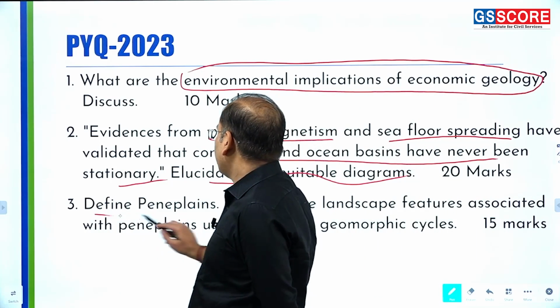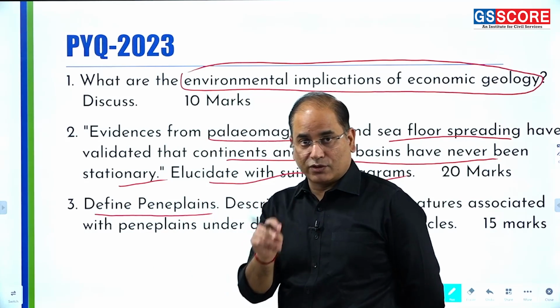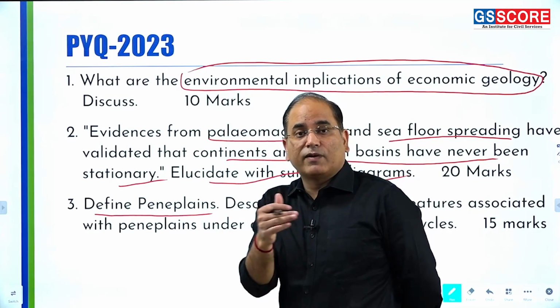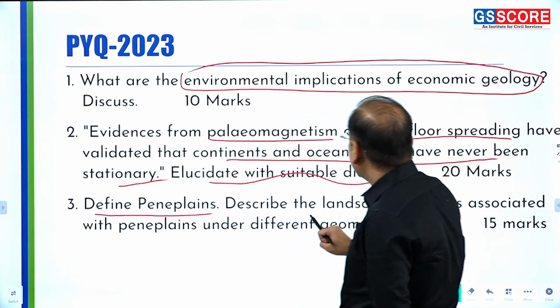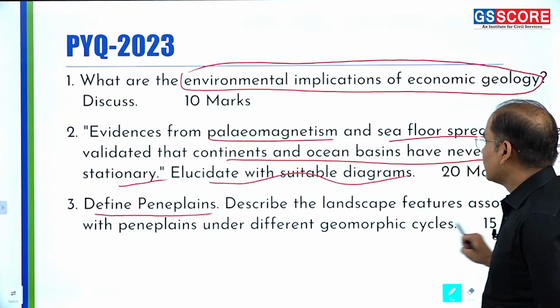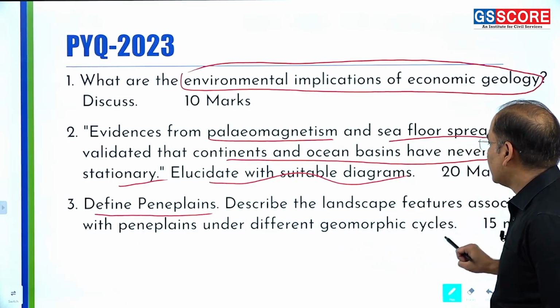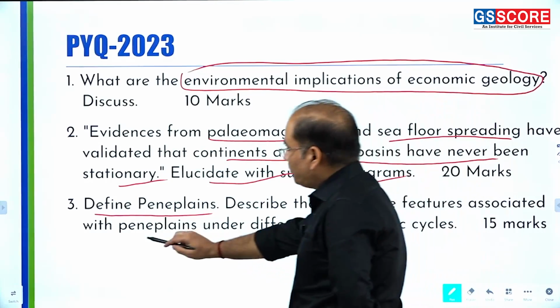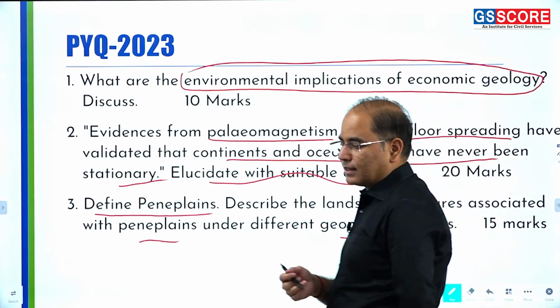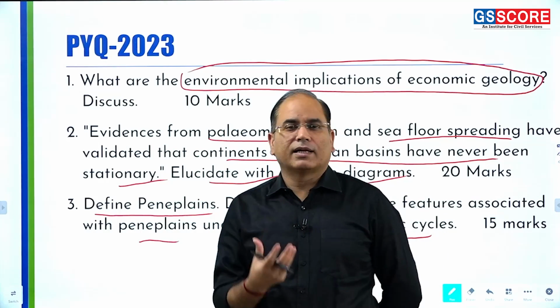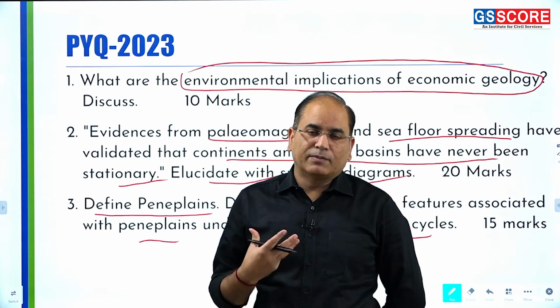Then again, define peneplain. So erosional surface. So the topic is erosional surface. In landform development, erosional surface is a separate topic. Define the peneplain. Describe the landscape features associated with peneplain under different geomorphic cycles. There are cycles of erosion, the multiple cycles of erosion.